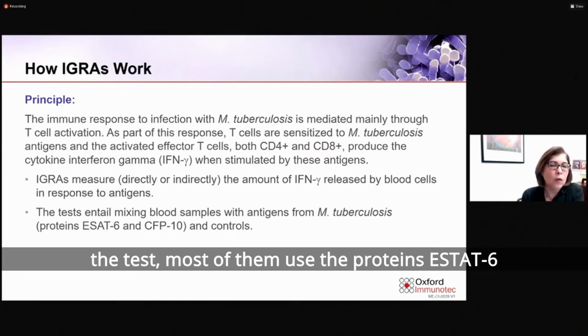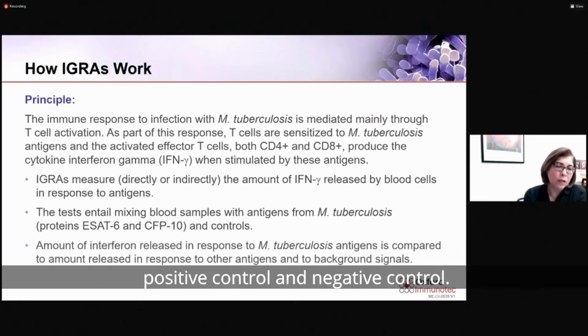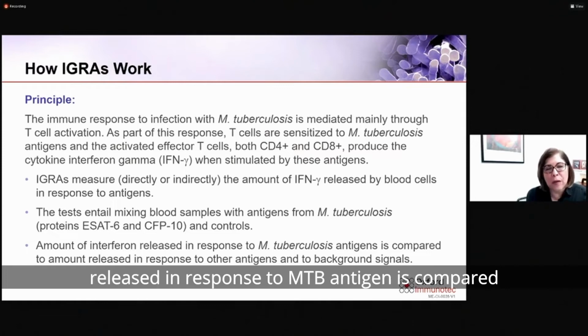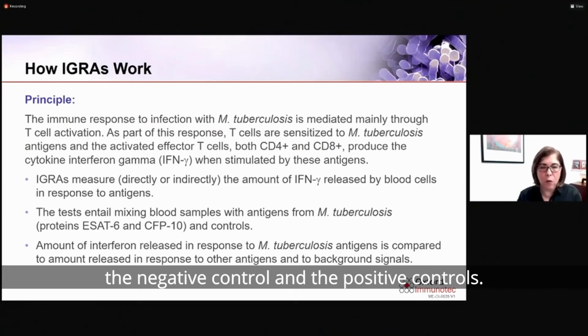Both of them use the proteins ESAT-6 and CFP-10 as the TB antigens, and then they use controls, a positive control and a negative control. The amount of interferon released in response to MTB antigen is compared to the amount released with the negative and positive controls.